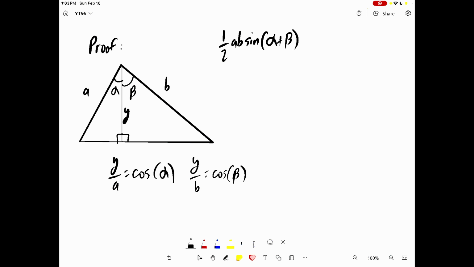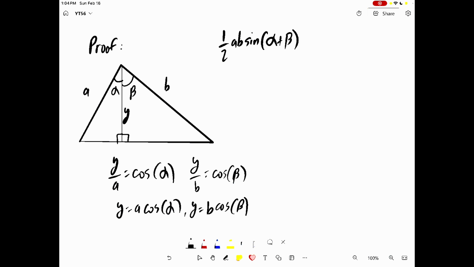So, y over a is equal to cosine alpha, which means y is equal to a cosine alpha. And y is also equal to b cosine beta.